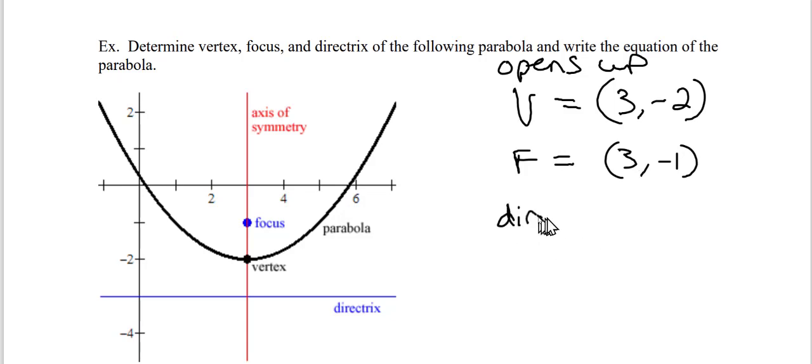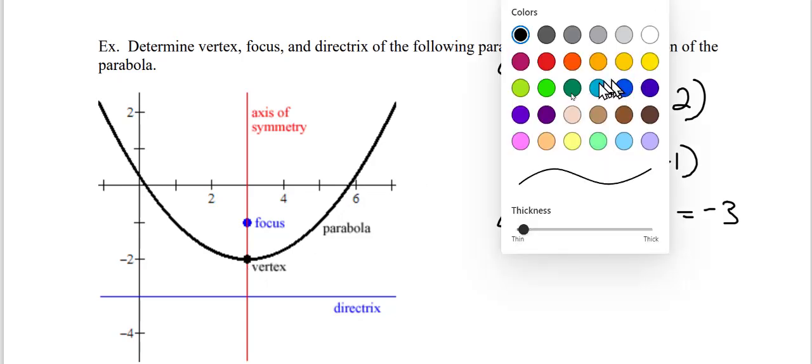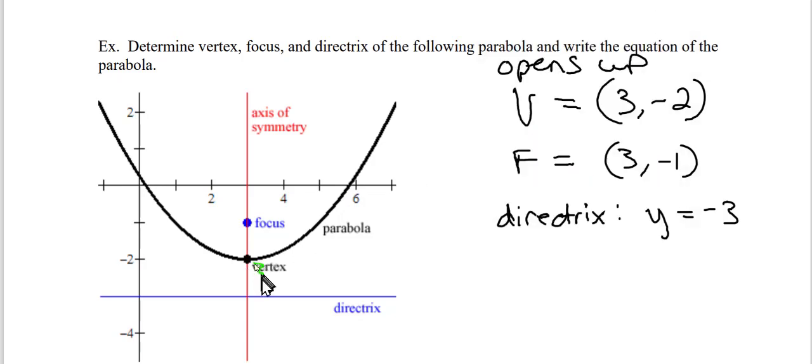The directrix is a horizontal line where y is always equal to -3, no matter what x is. Let's do this. This distance here and this distance here are equal. They are both 1. That is my p. That is the definition of p.